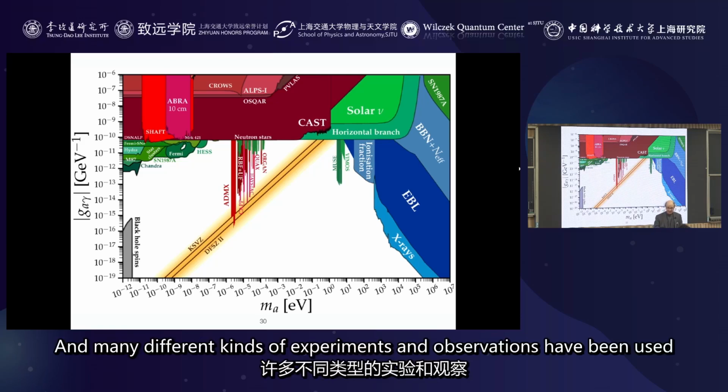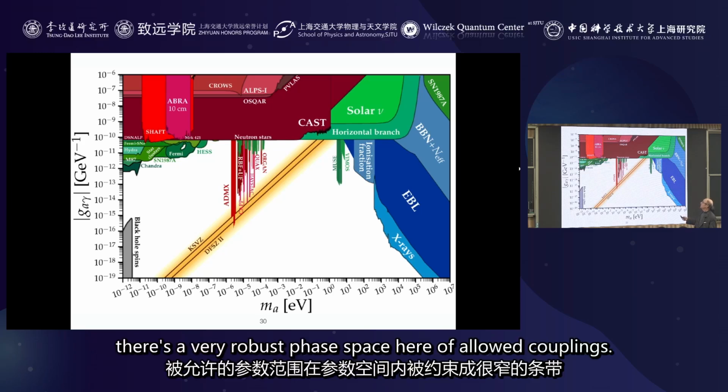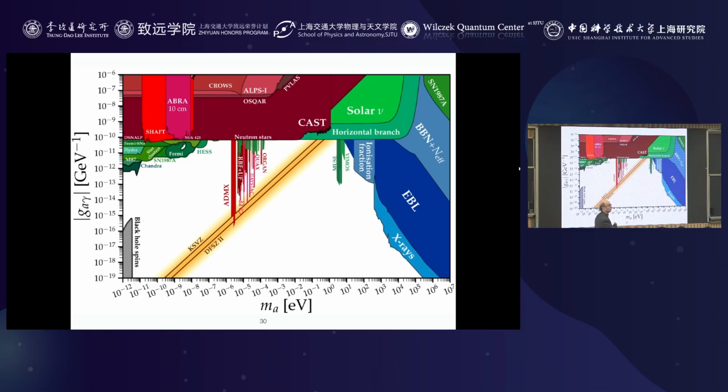And many different kinds of experiments and observations have been used to constrain the axions. But you see there's a very robust phase space here of allowed couplings. And for reasons that will become clear, this particular region is particularly important to explore.